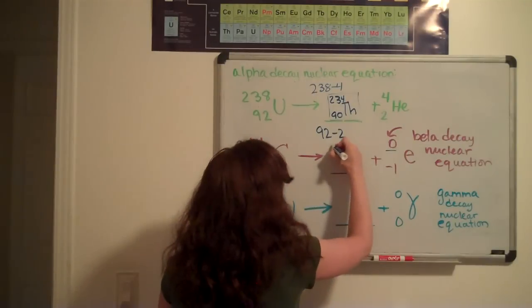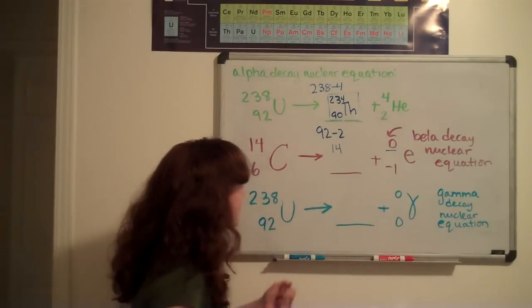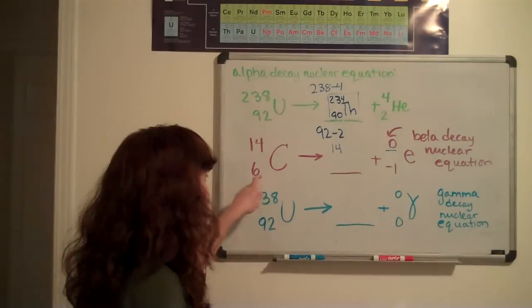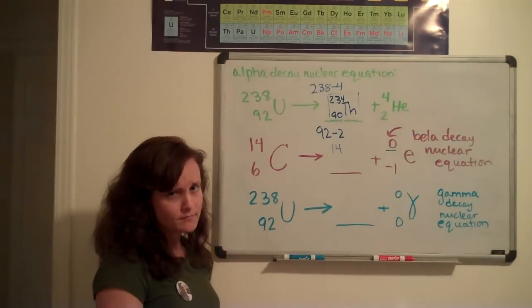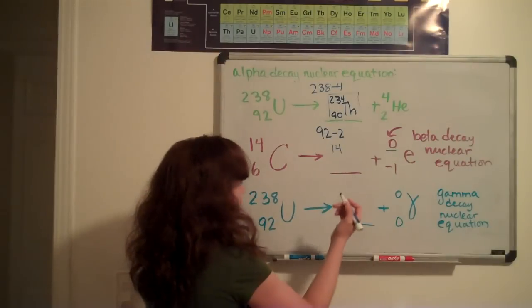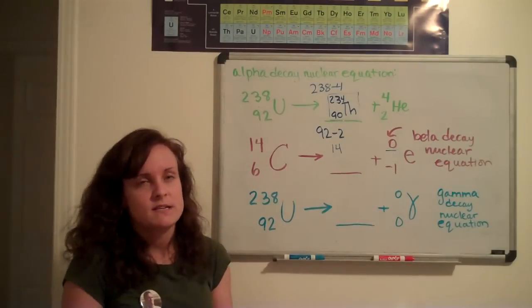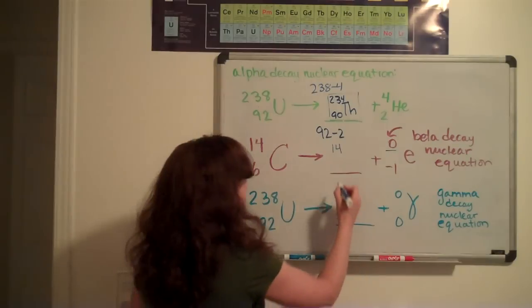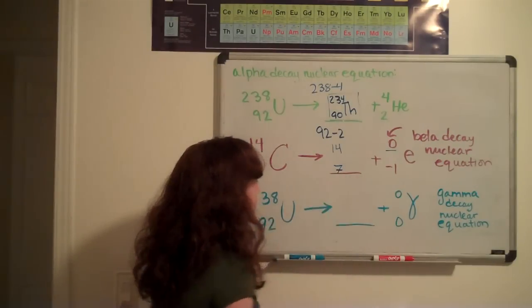It's 14, right? Okay. And then negative 1 plus something has to be equal to 6. That's 7. Because 7 plus a negative 1 is 7 minus 1, which is 6. Okay, so this number has to be 7.